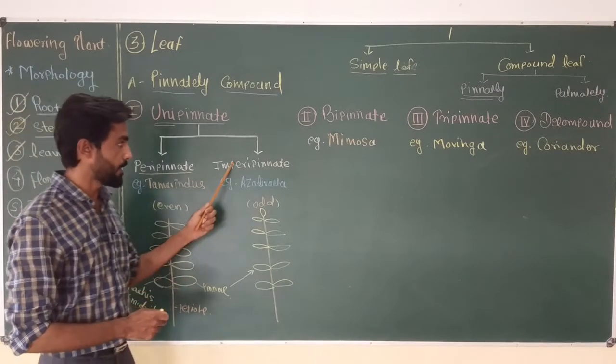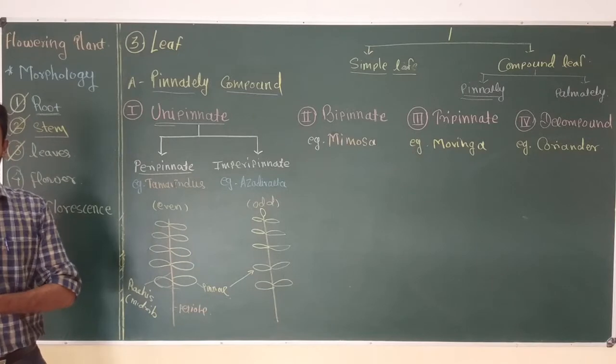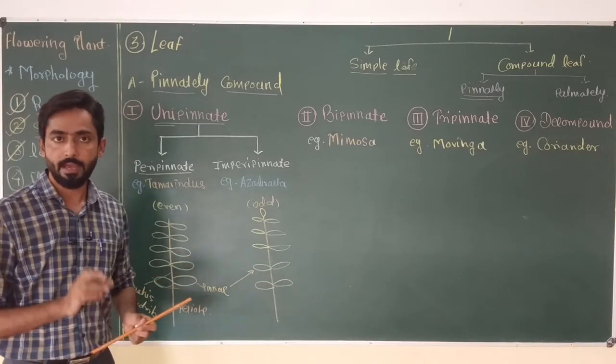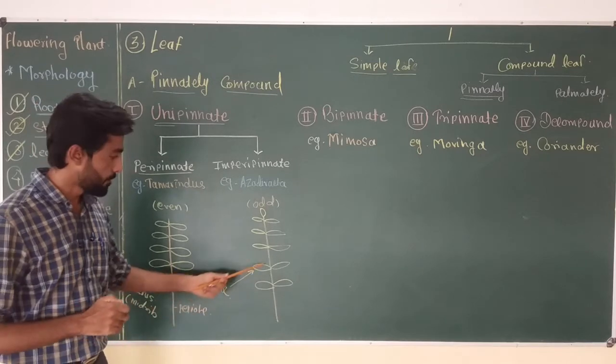The example of imparipinnate leaf is Azadirachta or neem plant. Rose plant also shows this type of arrangement of pinnae on the middle rachis.